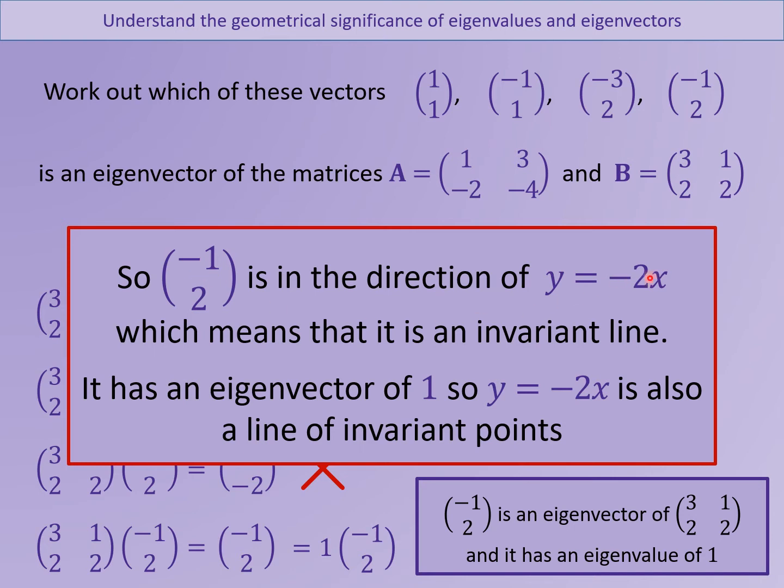You can check that by substituting those numbers in and you can see it works. So that's the relationship. So therefore, that's the equation of the invariant line. Now you can do that with any of these vectors to get the invariant line. But why this one's important is because the eigenvalue was 1 that we saw here, it is also a line of invariant points. Okay, so they're all invariant lines if they're an eigenvector, but this one is a line of invariant points.